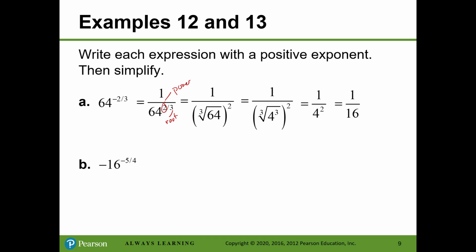Good. These two examples, A and B, are exactly like what we did on the previous slide. The only difference is I now have an exponent that's negative, which is telling me my answer doesn't belong, in this case, in the numerator. It belongs in the denominator. Okay, look at letter B. In letter B, is the negative on the outside? Is it part of the 16 right now? Good, it's not. Which is why it's sitting out front here waiting for you to do something with it.